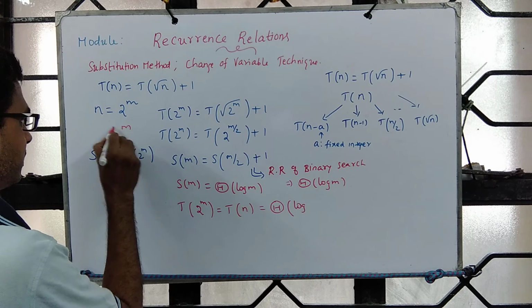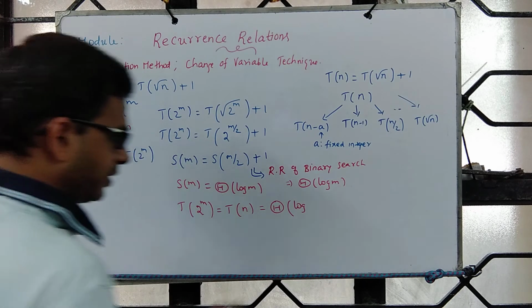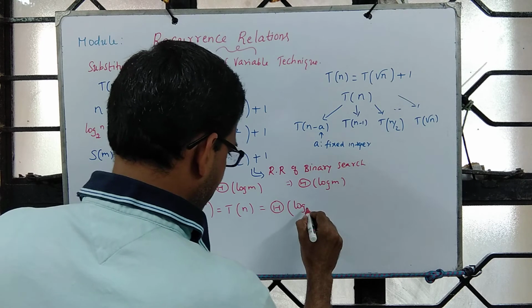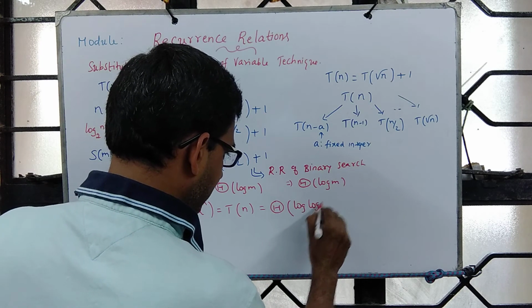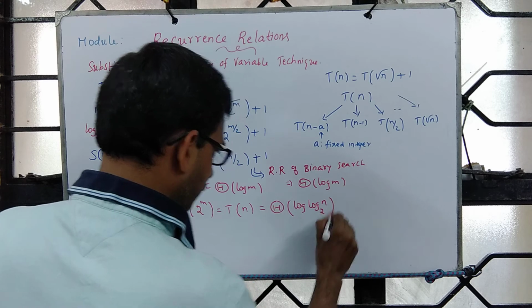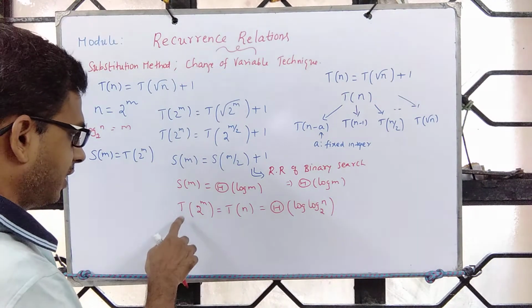So m is log n base 2. So what is it that we have done?